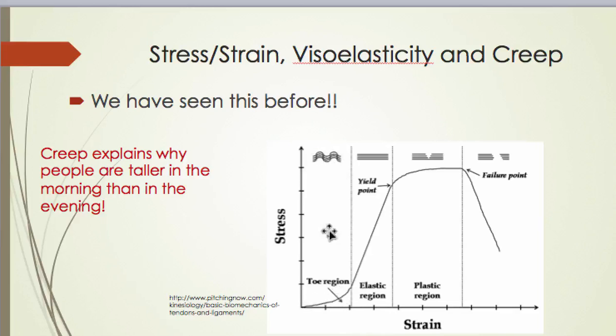Then in the elastic region, they're straight, and stress and strain rapidly increase. We finally get to a yield point at which we enter the plastic region, where we get, remember, permanent deformation of tissue. We don't want to go there unless we're talking about scar tissue.